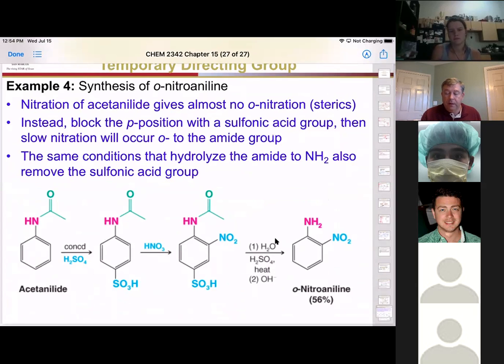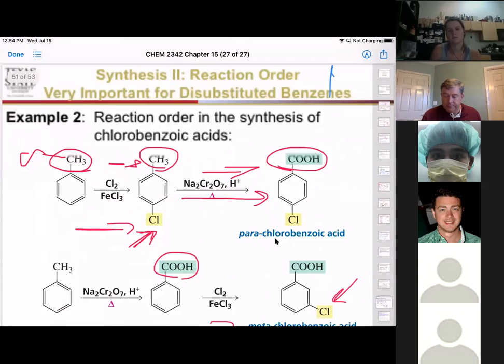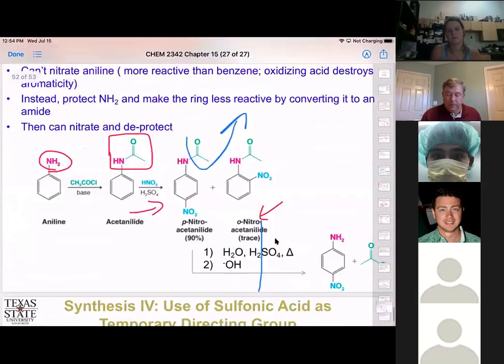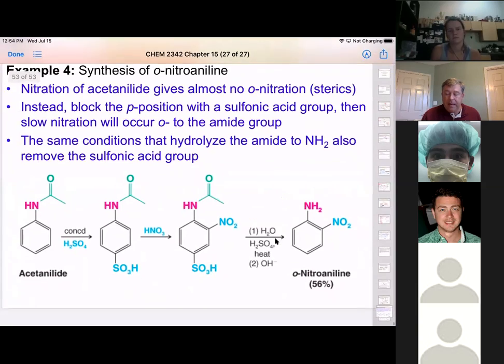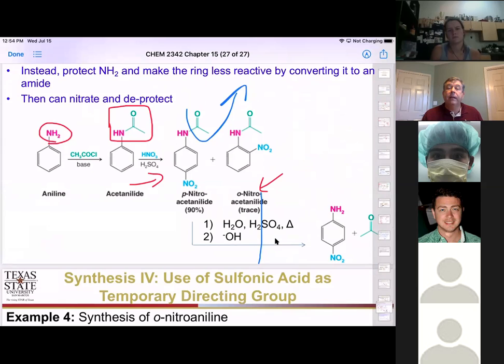Remember, because of the size of this amide group and the spinning around, we only got a minor portion of it as our ortho derivative. Let's say we wanted that to be our major portion of the reaction, okay? So we have to do something with that para position to block it so the nitration does not occur there.